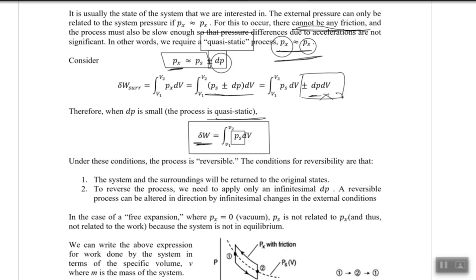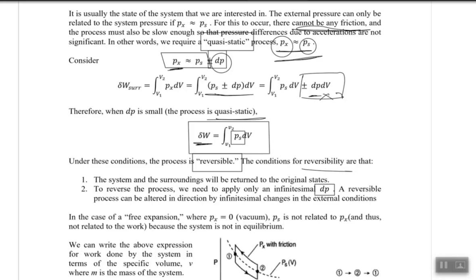Another term we defined is the reversible process. Any change that would occur can actually be reversed. The condition for reversibility was that the system and surroundings will return to their original state, and if we apply dP very small, any change in that dP, if we negate it, would not be effective.